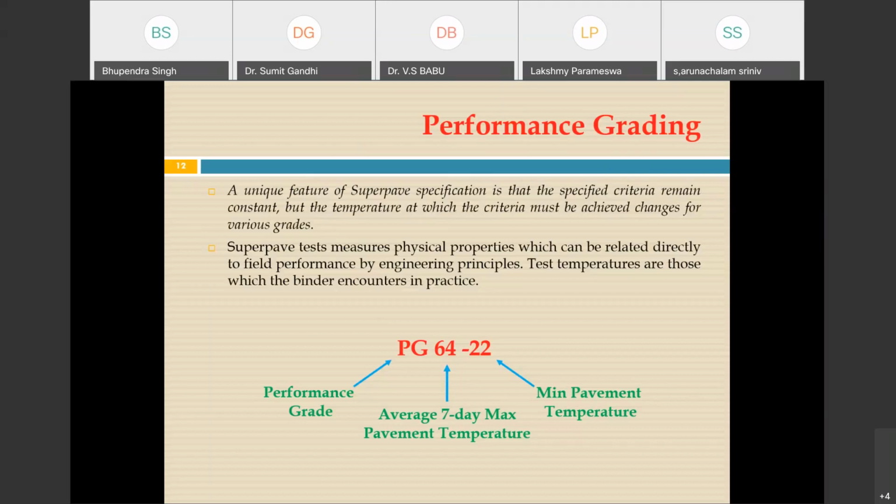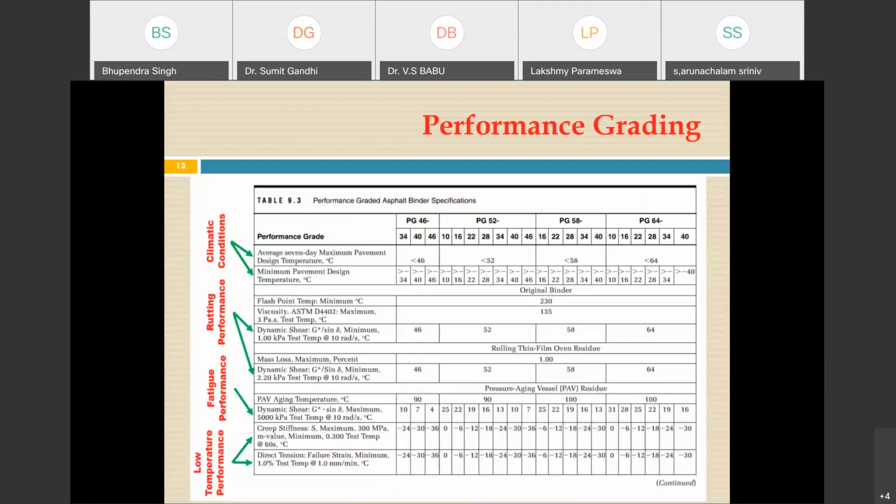So how do we reach the performance grade of the binder? There are a number of tests and a number of criteria which are taken into account. In earlier considerations, we were considering only one property at one temperature. But in the field, our pavement has to face different climatic conditions, and there are different pavement distresses also.